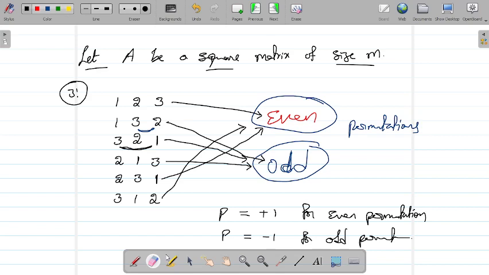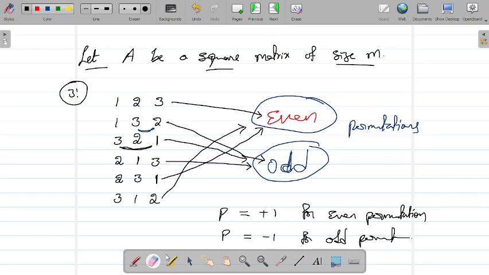So here I'd like to write the determinant of A. And I hope you know how the elements in a 3 by 3 matrix look, A11, A12, A13 and so on. So let me write all possibilities. The first one, I'll write the identity one, that is A11, A22, A33. So this we treat as an even one.